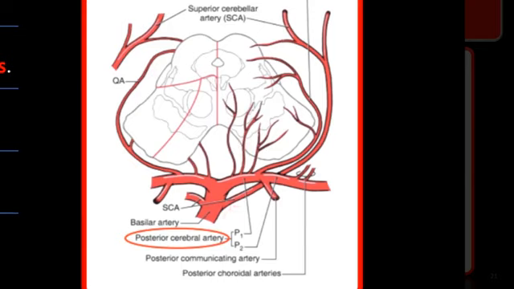Other branches are posterior communicating and anterocoroidal arteries. The venous drainage of the midbrain is through great cerebral and basal veins.